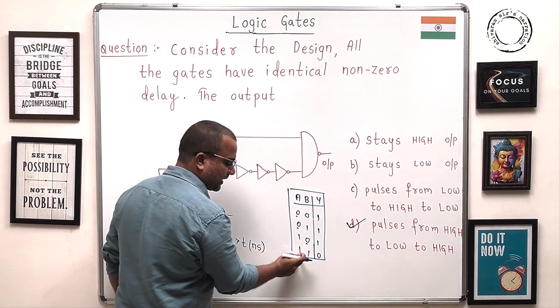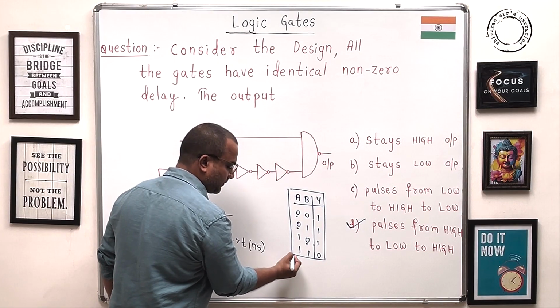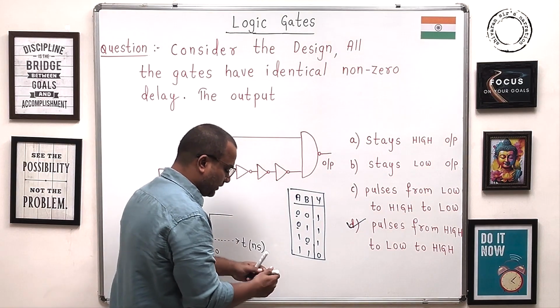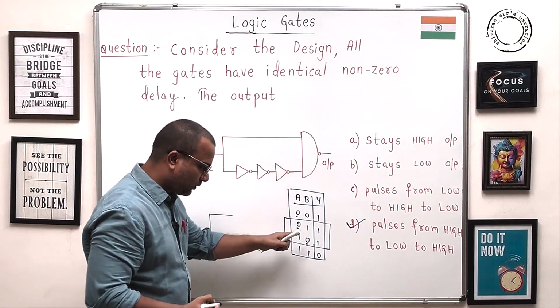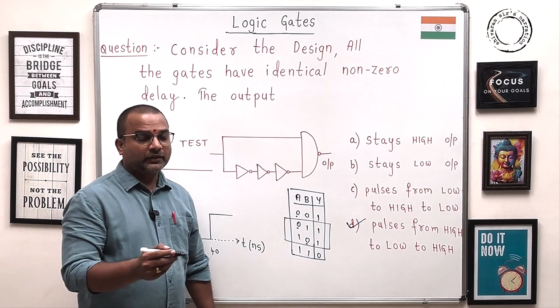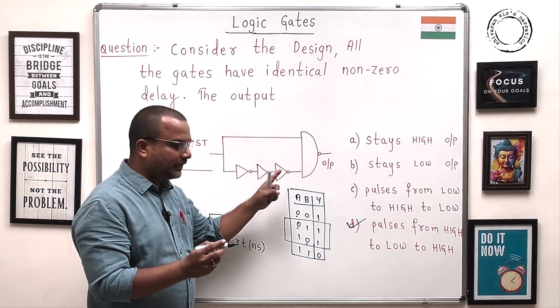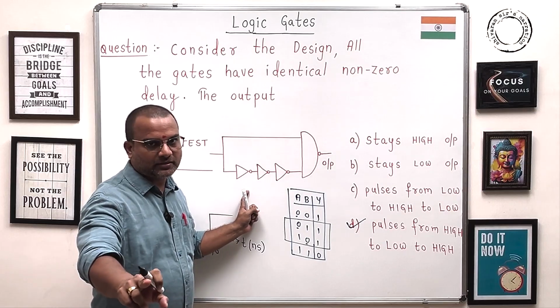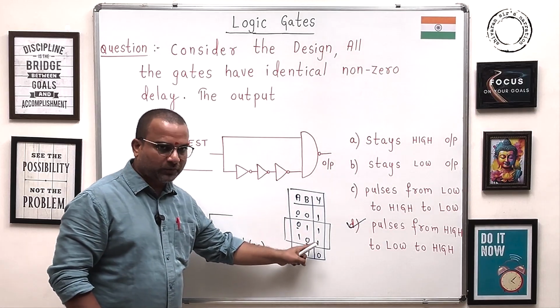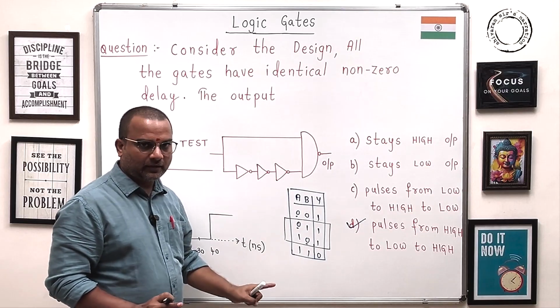And when both inputs are logic 1, output is logic 0. Especially take these two cases, 01 and 10, output is 1 only. That means for a NAND gate with two inputs, when inputs are different, output is logic 1.